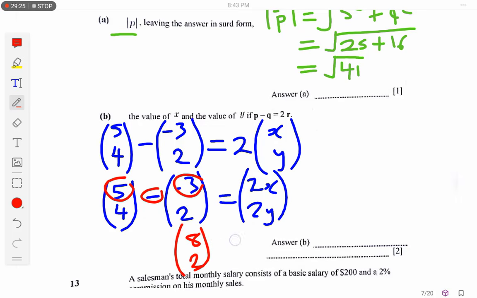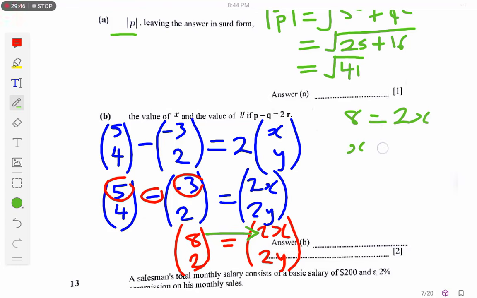So this is what the value there is equal to, 2x, 2y. I wanted to simplify and go the easier way. So now we can equate: 8 is equal to 2x. So my x is equal to 4 here. Let's go for y.